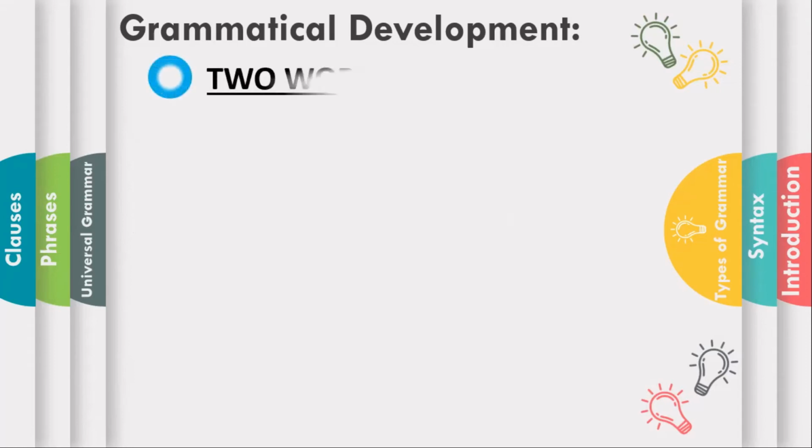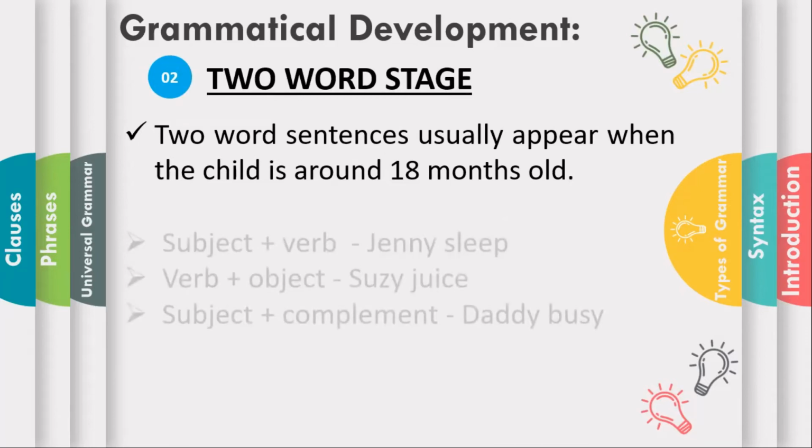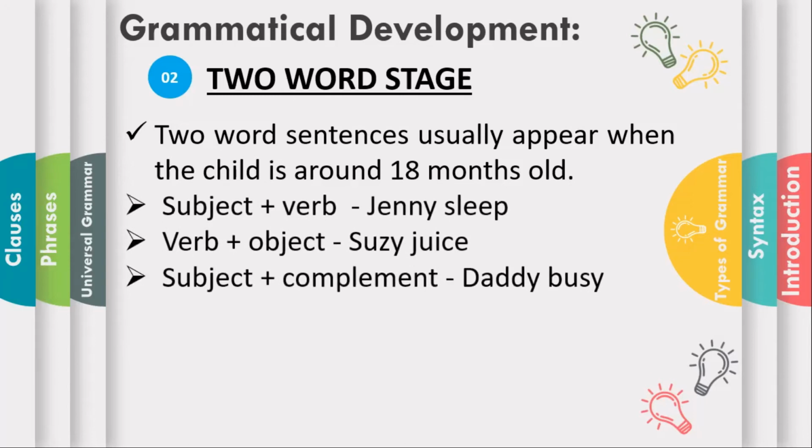The second stage is the two-word stage. Two-word sentences usually appear when the child is around 18 months old. Usually, the two words are in a grammatically correct sequence, such as subject plus verb, as in Jenny sleep, or verb plus object, as in Susie juice, and subject plus complement, as in Daddy busy.